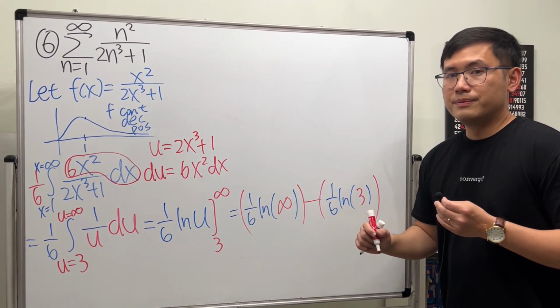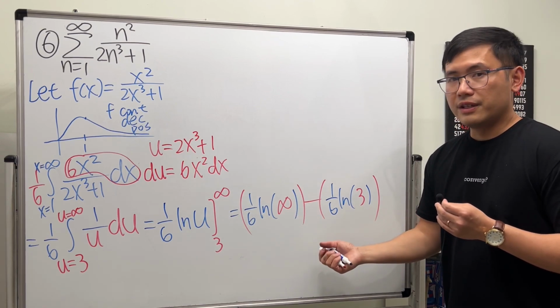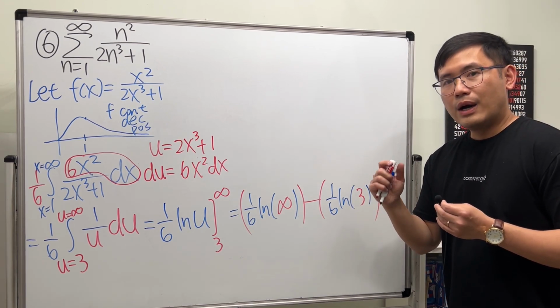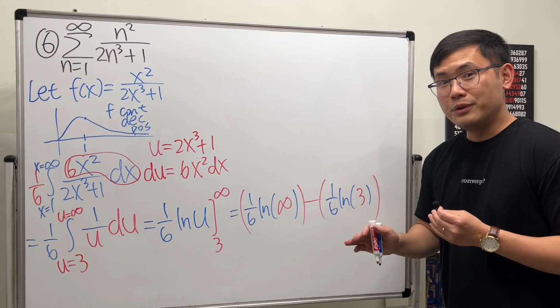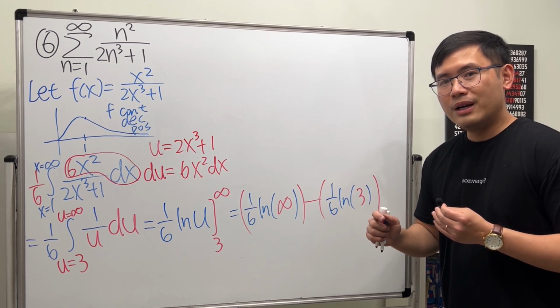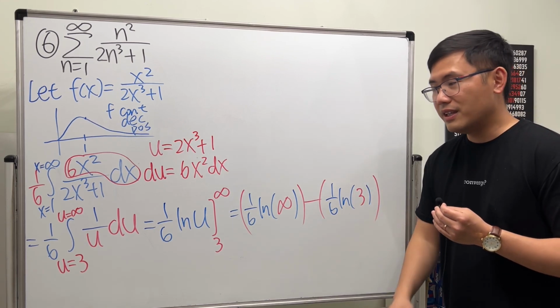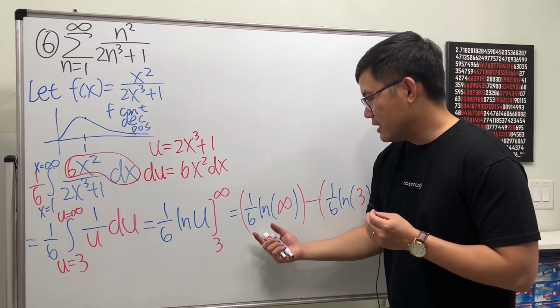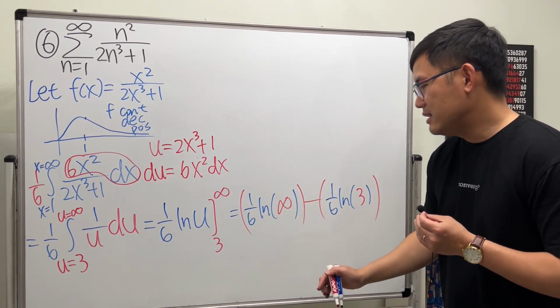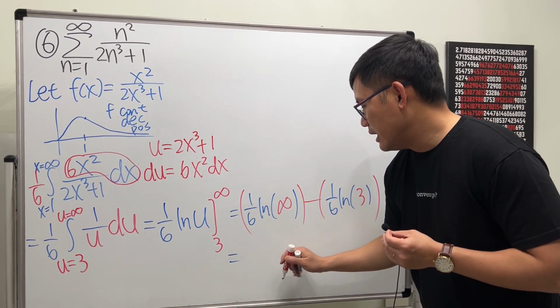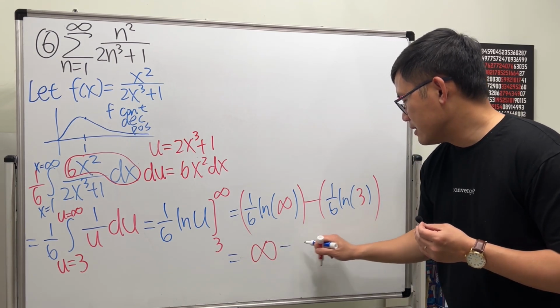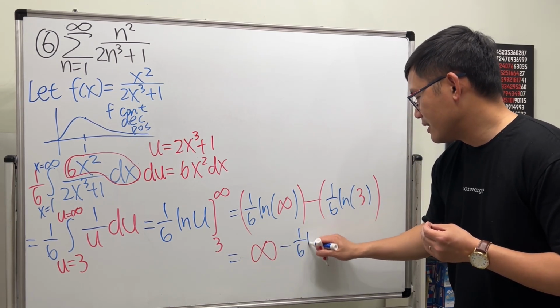Now, here's the issue. What's ln of infinity? Ln does not have any horizontal asymptote. Ln of x, when x goes to infinity, you get infinity. And then when you divide it by 6, this is still going to give us infinity. And then minus, this is just a finite number.